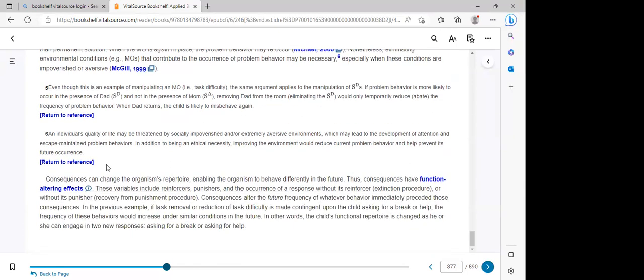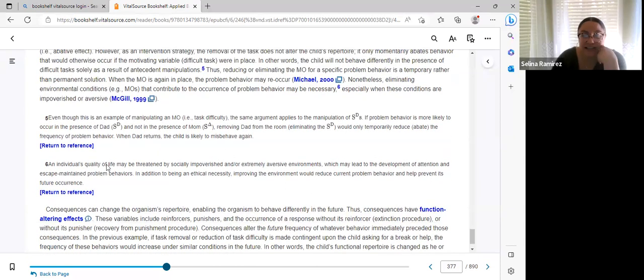Can you please explain the S delta a little for me? S delta? Yeah. So SD signals that reinforcement is available, and S delta signals that reinforcement is not available. So they're saying that the problem behavior is more likely to occur in the presence of dad.